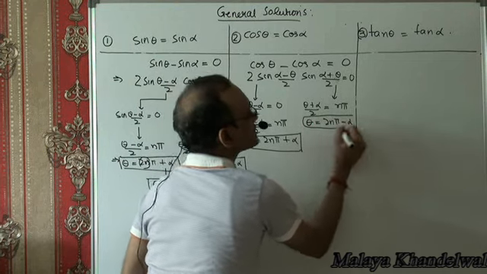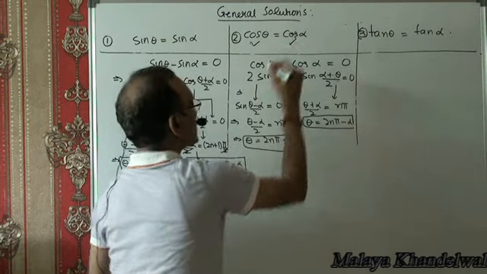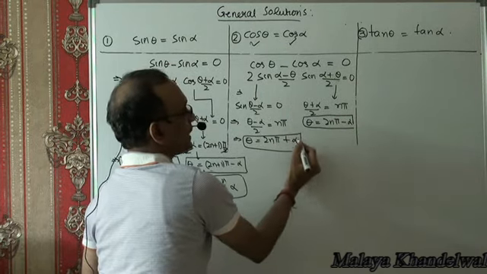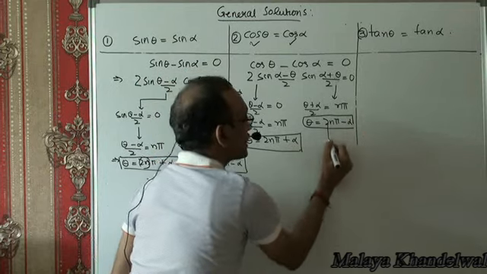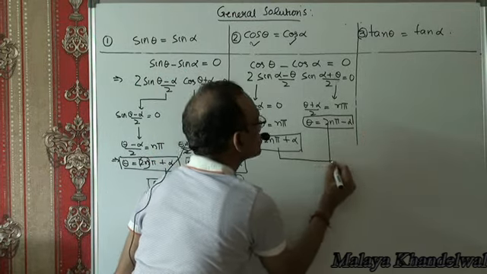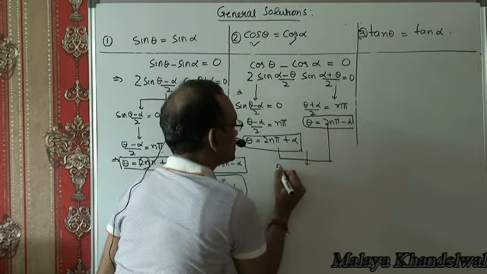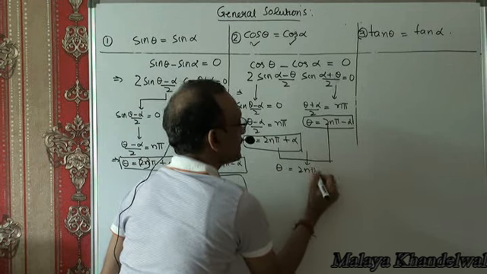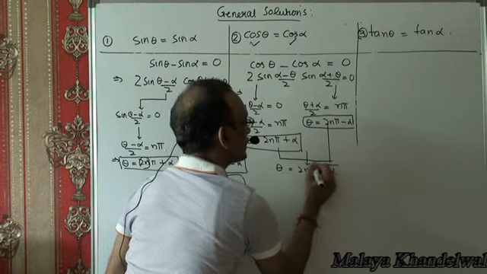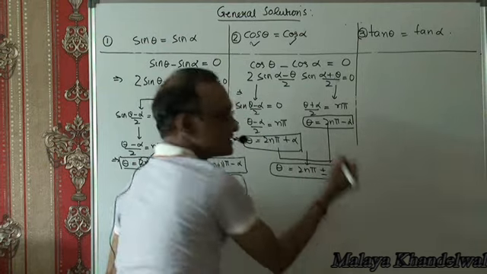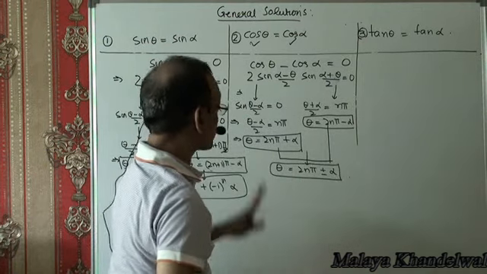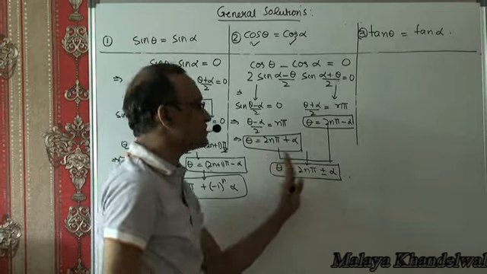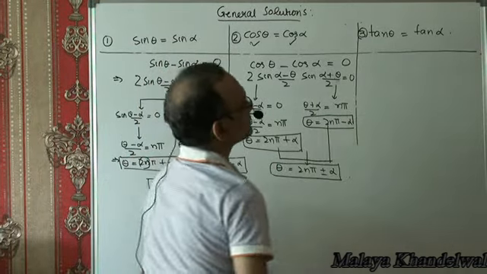So there are two possibilities. When cos theta is cos alpha, theta would be either 2n pi plus alpha or 2n pi minus alpha. If I coalesce the two together, it's going to give me theta equal to 2n pi plus minus alpha, right? So cos theta equal to cos alpha gives me theta equal to 2n pi plus minus alpha.